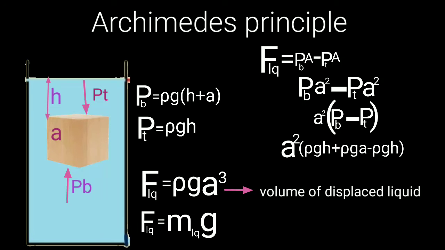So mass of liquid into gravity is the weight of the liquid. So force due to liquid is equal to the weight of the liquid displaced. From this we can conclude that buoyant force is equal to the weight of the fluid that the body displaces. So this is Archimedes' principle.